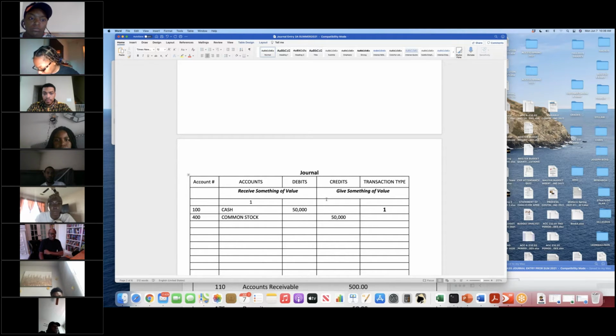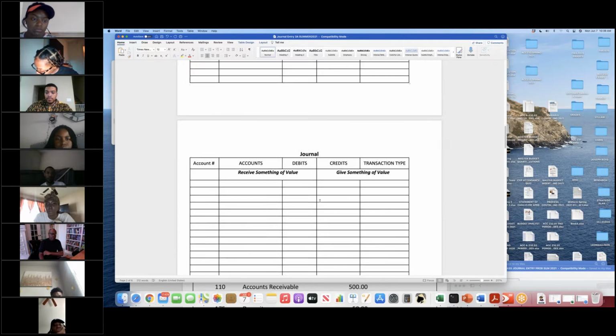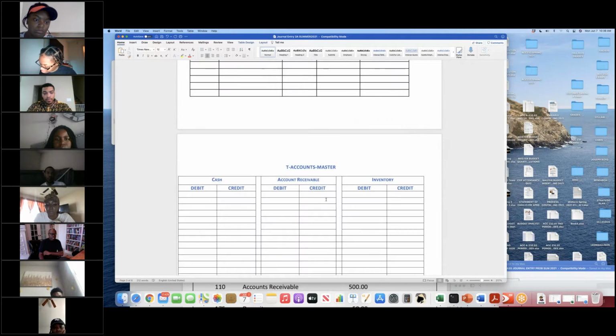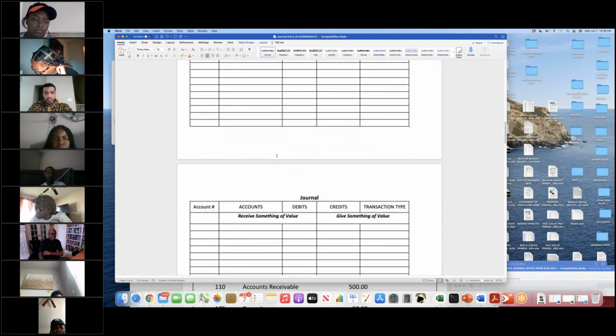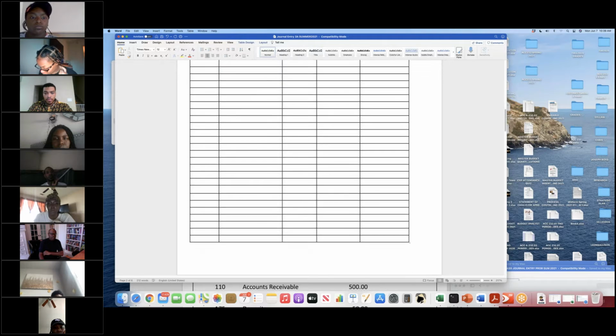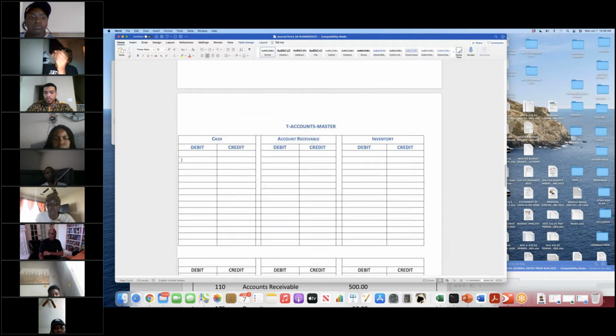Now let's go and post this to the ledger, because we want to know how much is in each account. So for the cash, which is 50,000, we're going to put this 50,000 in here as a debit, just like it was in the journal entry.